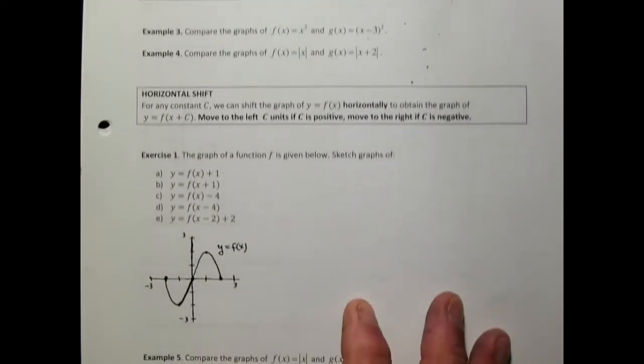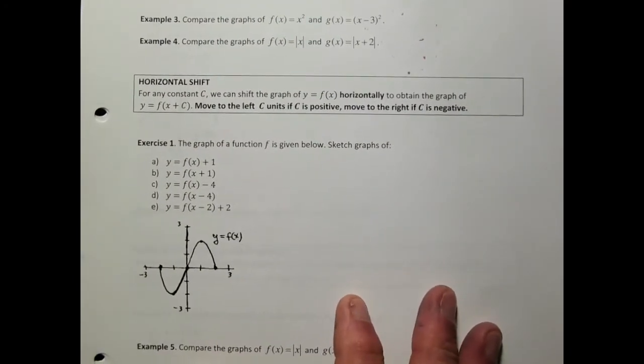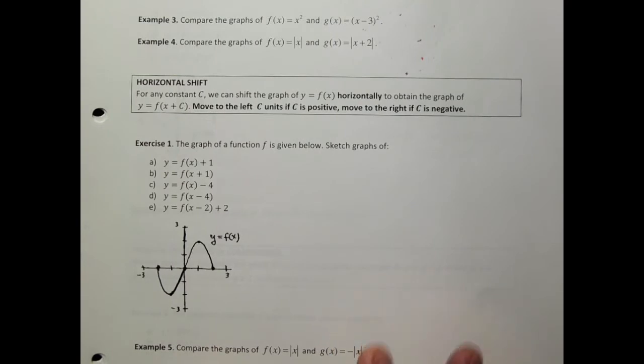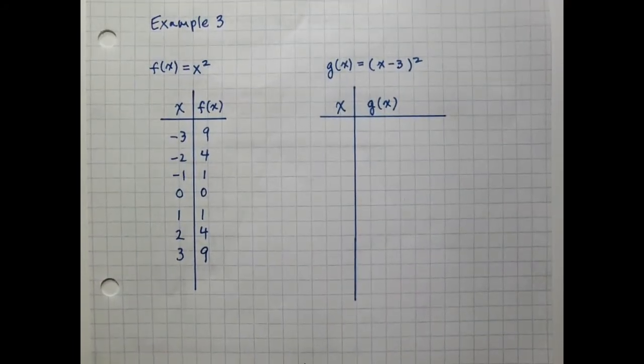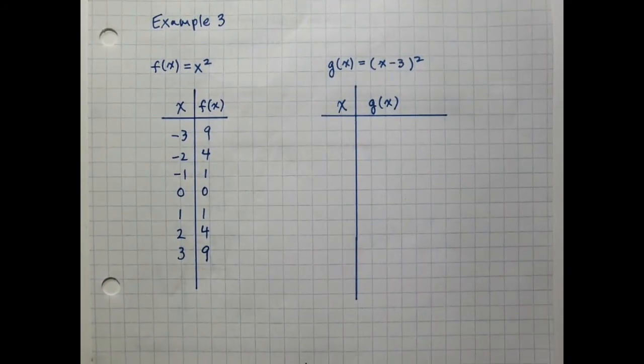Now let's go ahead and start talking about examples. We're going to do examples 3 and 4, and then we're going to do an exercise. So we're going to make another kind of comparison in example 3, where again we're just adding or subtracting a constant in the expression for a function, but we're going to see that something a little bit different happens.